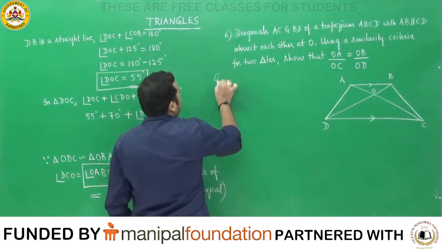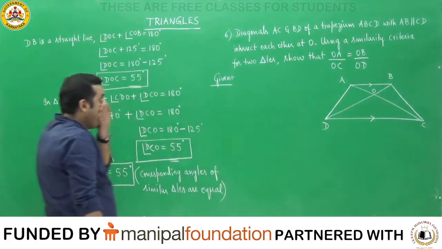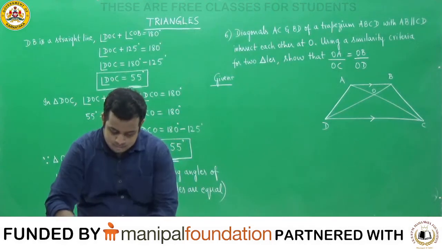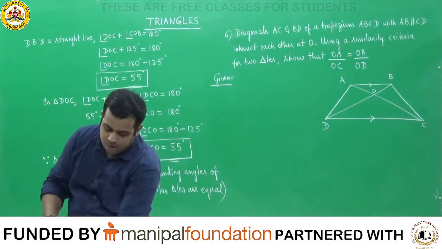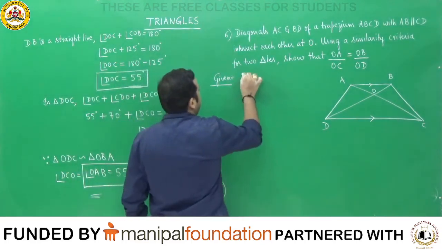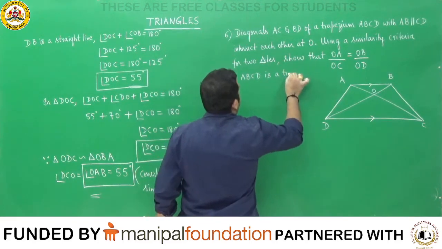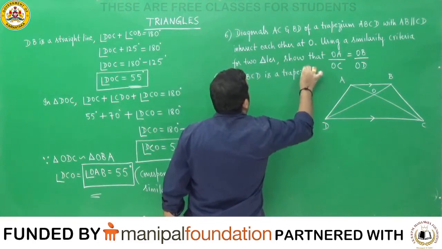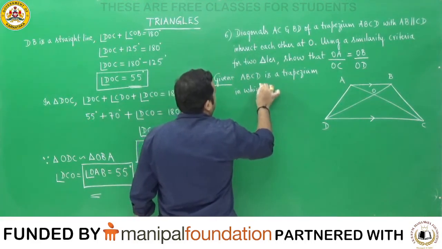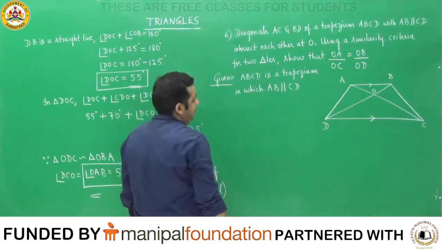Now, what is given in the problem? Given in the problem that ABCD is a trapezium in which AB is parallel to CD.